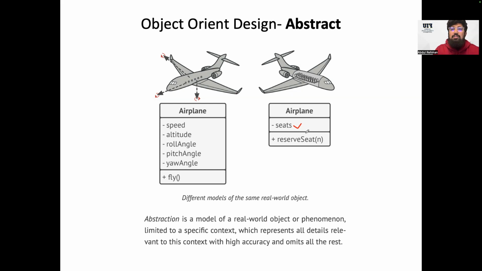In any airplane that you go, you get a seat, and sometimes you go for a reservation. It depends on which airplane you are talking about. But if you're talking about a specific airplane, such as fighter jets, there you do not reserve seats. I would say they only fly. Every airplane flies, and every airplane has these common properties. These are just the values, and these are just the behaviors.